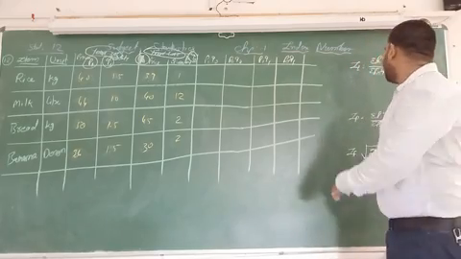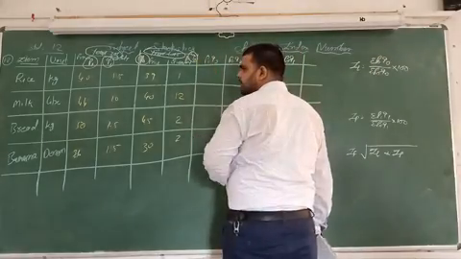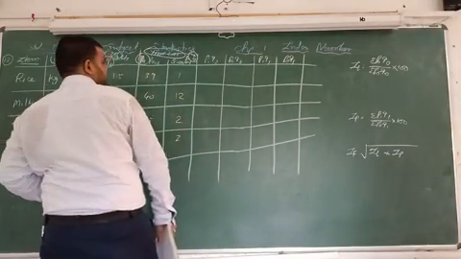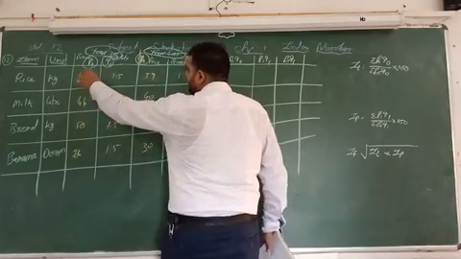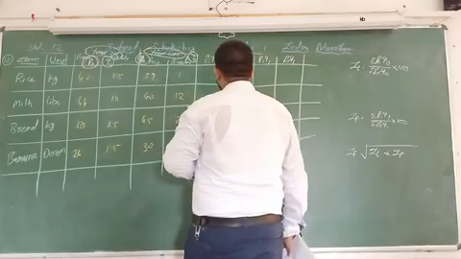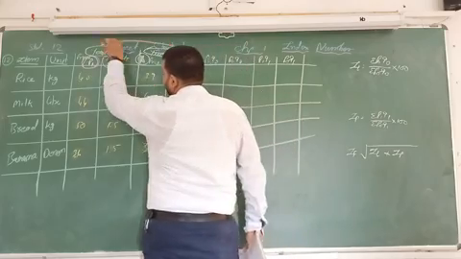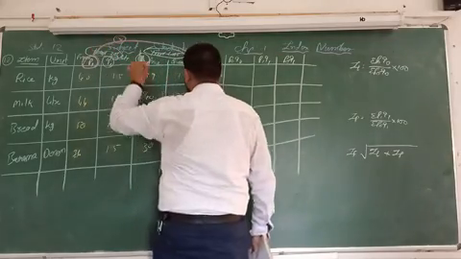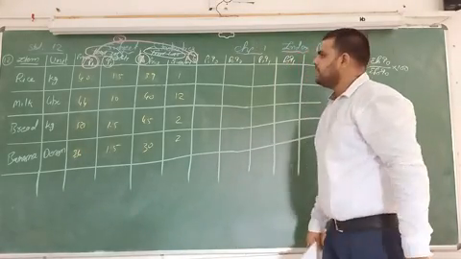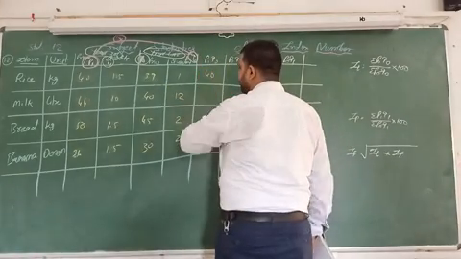What is the formula? Sigma P1 Q0 over P0 Q0. Here P1 Q0, so remember one thing: where is P1? Here current year price P1. So P1 Q0 means the last column, so we have to multiply the first and last column. Here 40 into 1 is equal to 40.